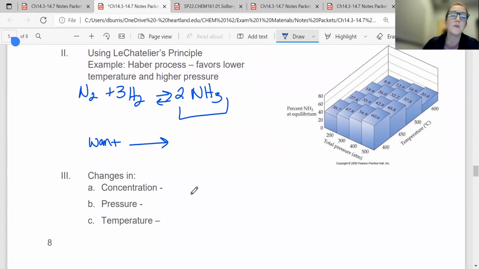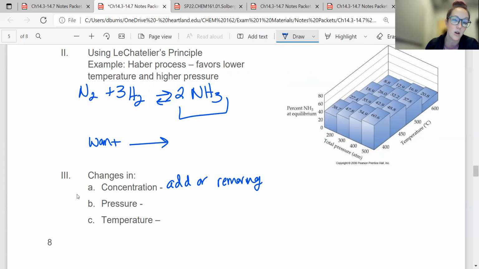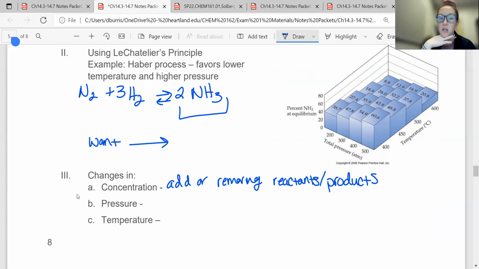All right, so the three types of stresses are concentration, pressure, and temperature. So I can stress a system by adding or removing reactants or products. Now, when you have a system going, it's really easy to add stuff in. But if you're removing something, you can get it to react in a different reaction, or if you have some way to remove it, you can do that.